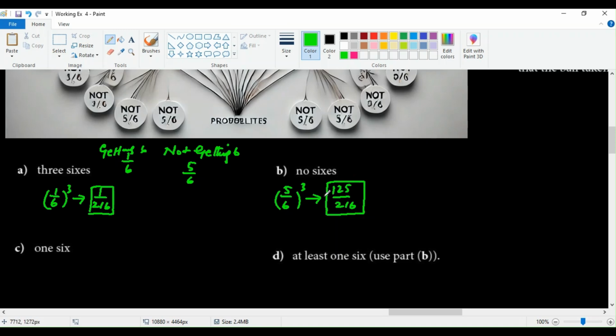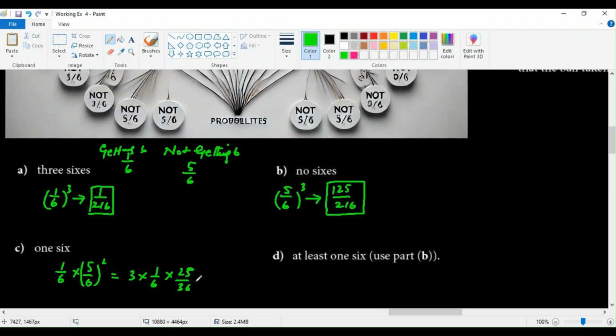When it comes to part C, there are 3 ways. That means 1 over 6 is multiplied by 5 over 6 squared. These are the possibilities of getting a 6. And we have 3 different times, so we multiply by 3, 1 over 6 times 25 over 36.